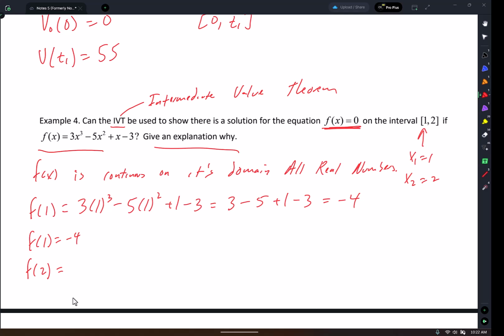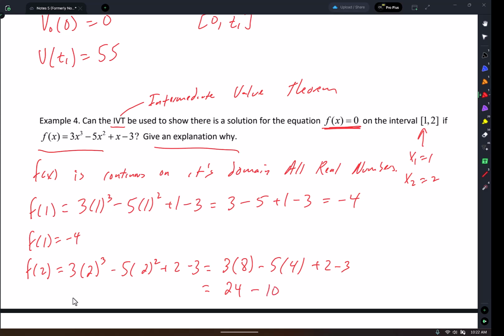So here we go. 3 times 2 cubed minus 5 times 2 squared plus 2 minus 3. Let's see what this is. 8 times 3, 8, 16, 24.